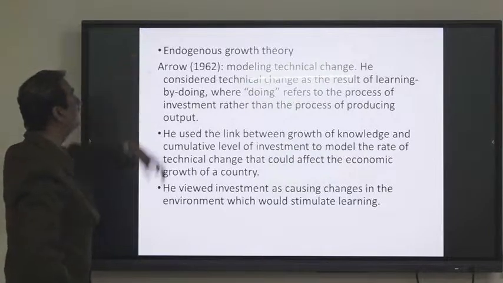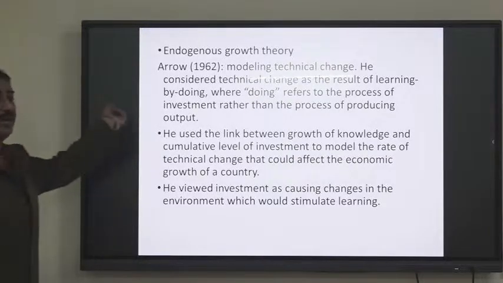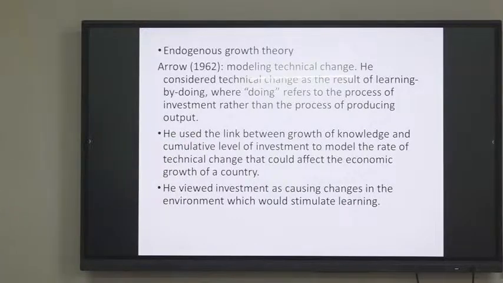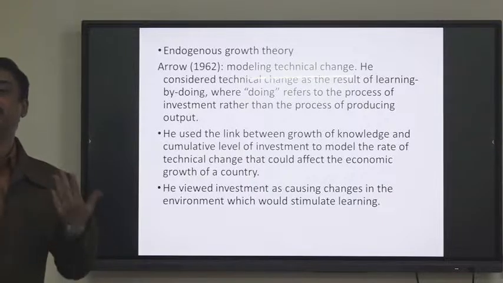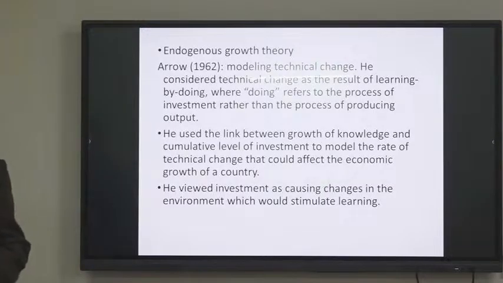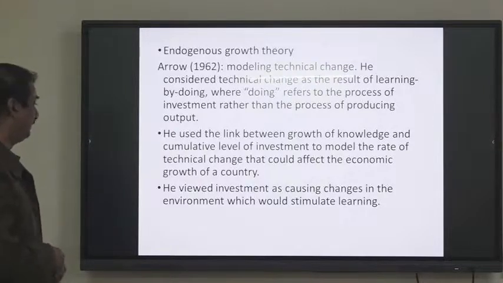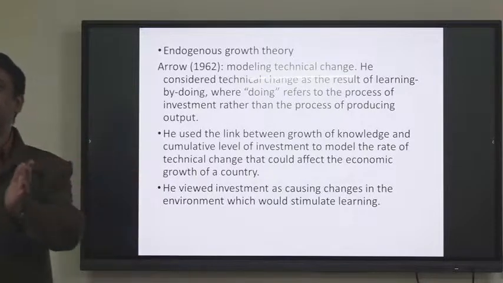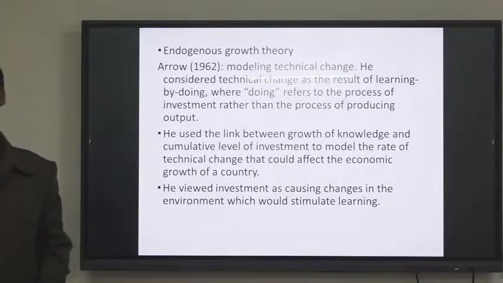So when you look at the endogenous growth theory literature, Arrow, again who got a Nobel Prize, his work again related to the modeling technical change. What can motivate companies to come up with new technological progress, with new technological change? In what way you would measure technological change? So all those questions were taken up. In what way knowledge can actually be translated into workable strategies?